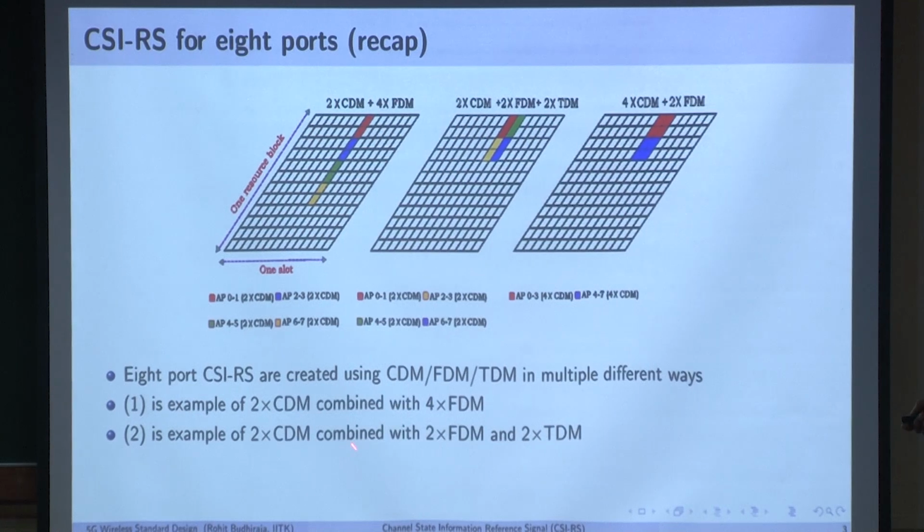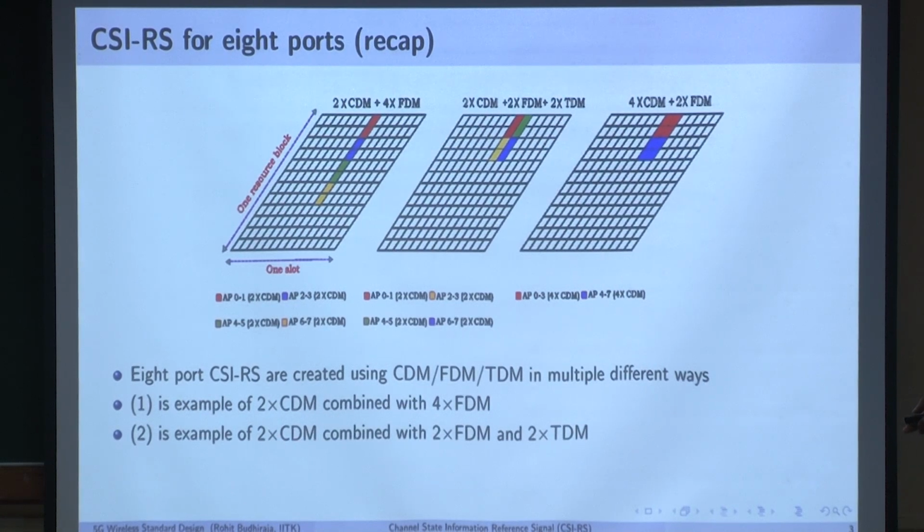Example 2 is 2 ports in CDM and then the rest of the 4 ports are divided amongst FDM and TDM: 2 CDM, then 2 FDM, and then replicated to give you again 2 TDM to give 4 different ports. This is an example of 4 CDM combined with 2 FDM: 4 CDM over this and replicated over 4 using FDM.